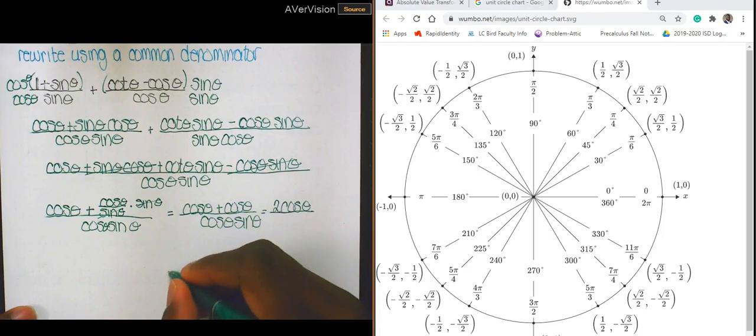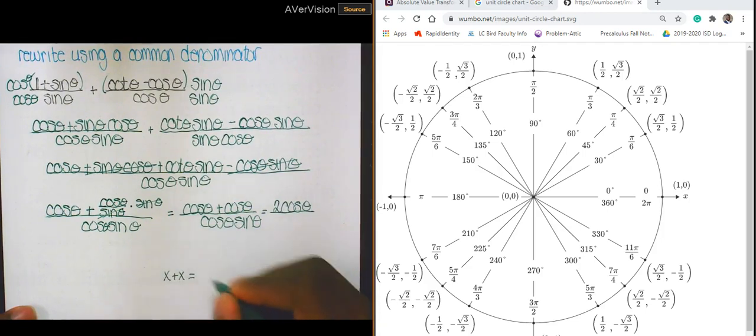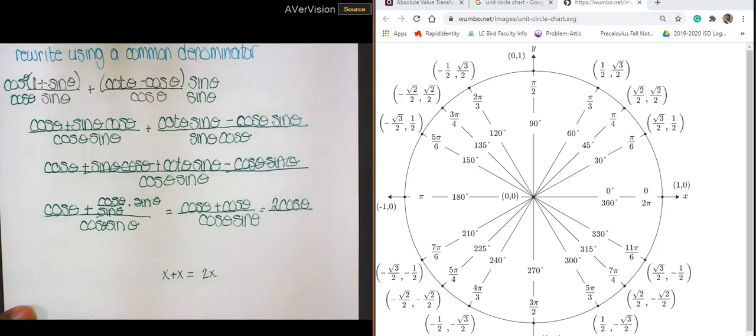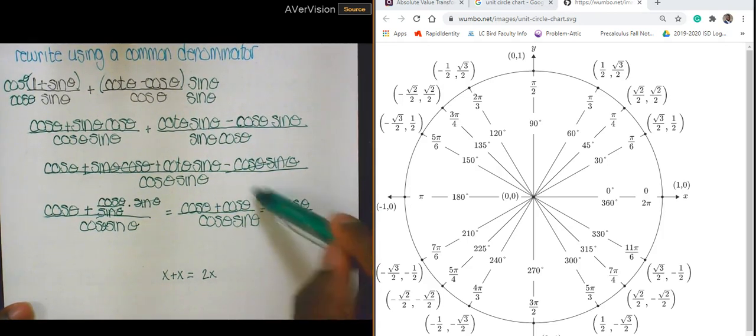It's like adding x plus x. That's 2x, right? We haven't done anything to the bottom yet. We're just simplifying the numerator.